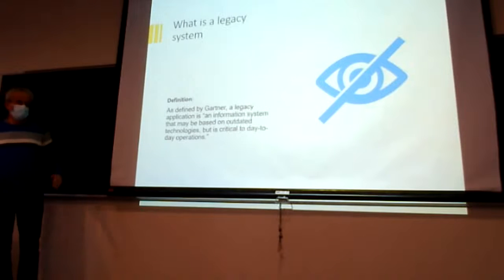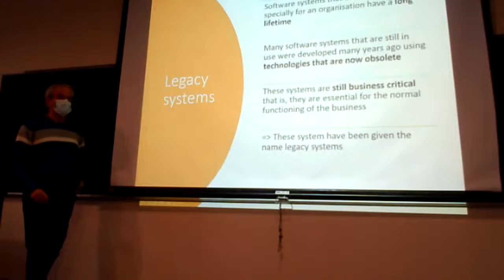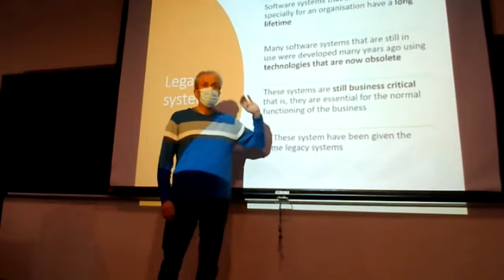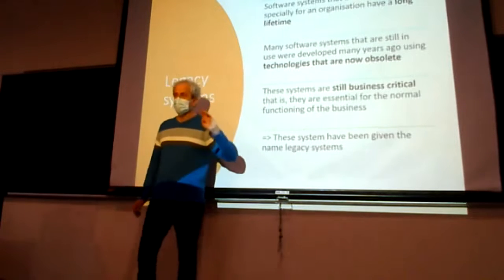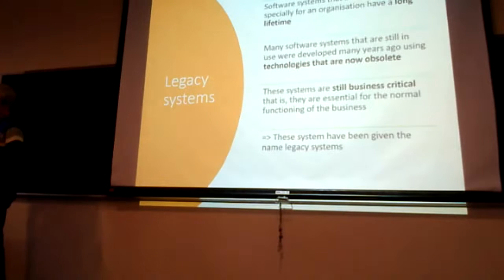So, I've seen it, right? Legacy system, old system, which is still relevant, which is useful, and we want to keep it. We typically have a long lifetime. We talked about it, but also legacy systems, often when technology is out of date. Absolutely. For various reasons, right?